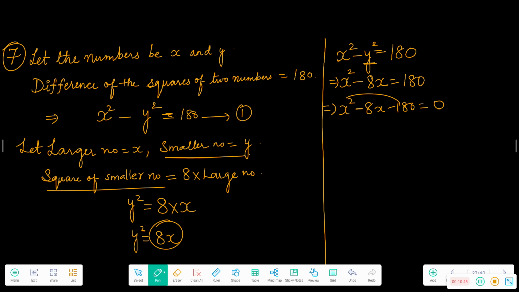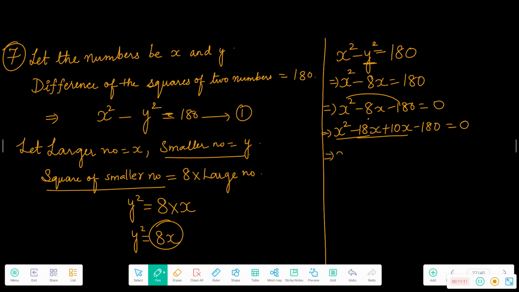So 180 factors can be 18 and 10. So we will get x square minus 18x plus 10x minus 180 is equal to 0. Minus 18x plus 10x will give you minus 8x.